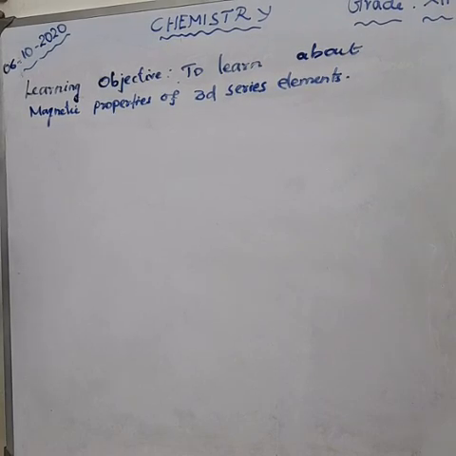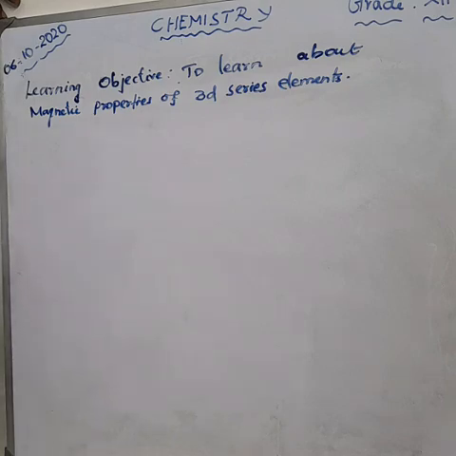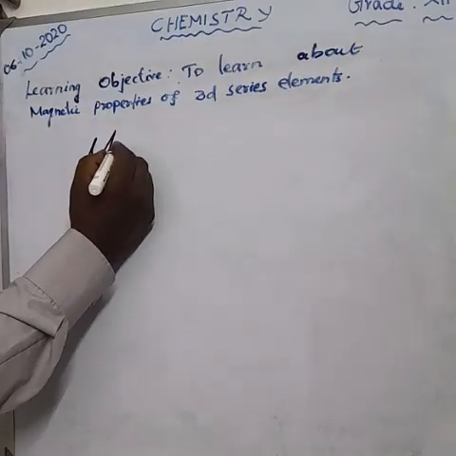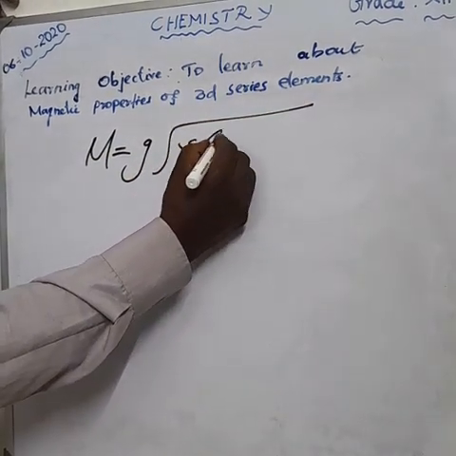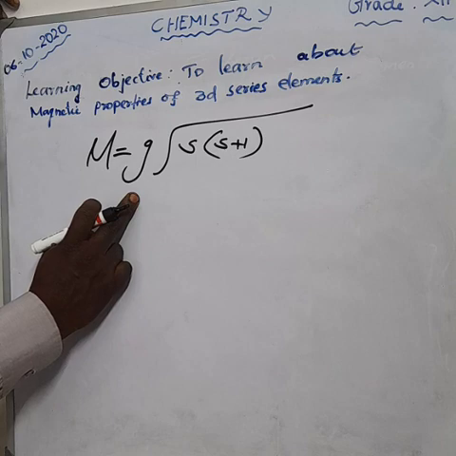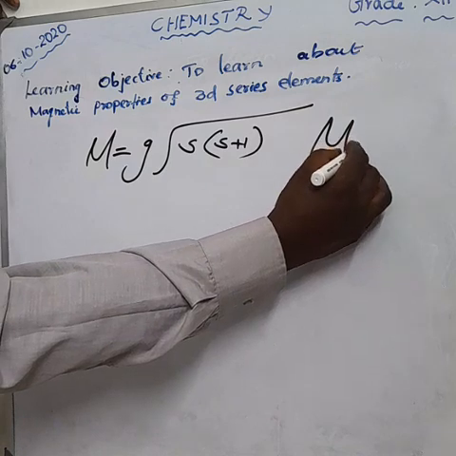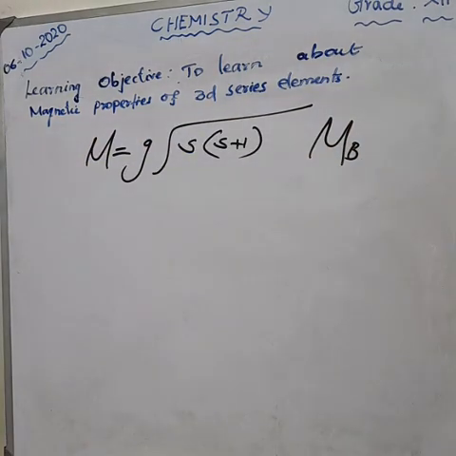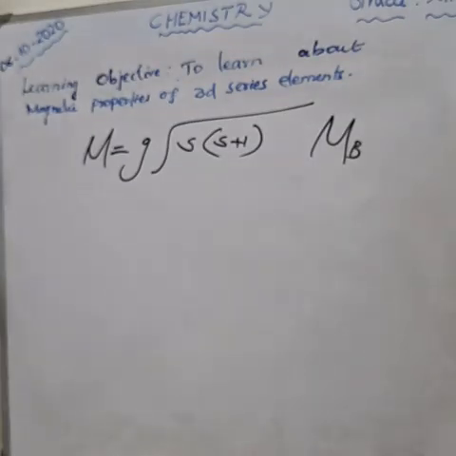The magnetic moment of the ion is given by mu is equal to g into root of S into S plus 1 mu B, where mu B is the Bohr magneton.